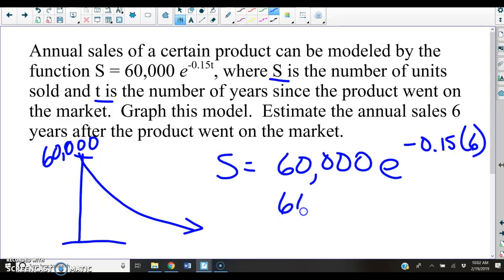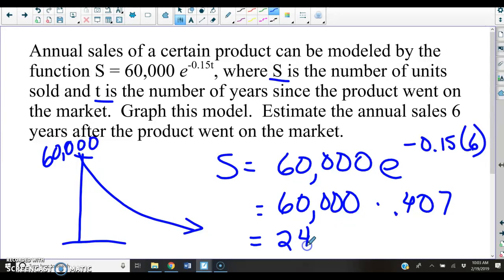When I did the e to that power, I got 0.40656, so 0.407. When I took it times the 60,000, I got 24,394. So we'll use Mrs. Eichhorst's perfect rounding system, and the estimate for my annual sales would be down to 24,400.